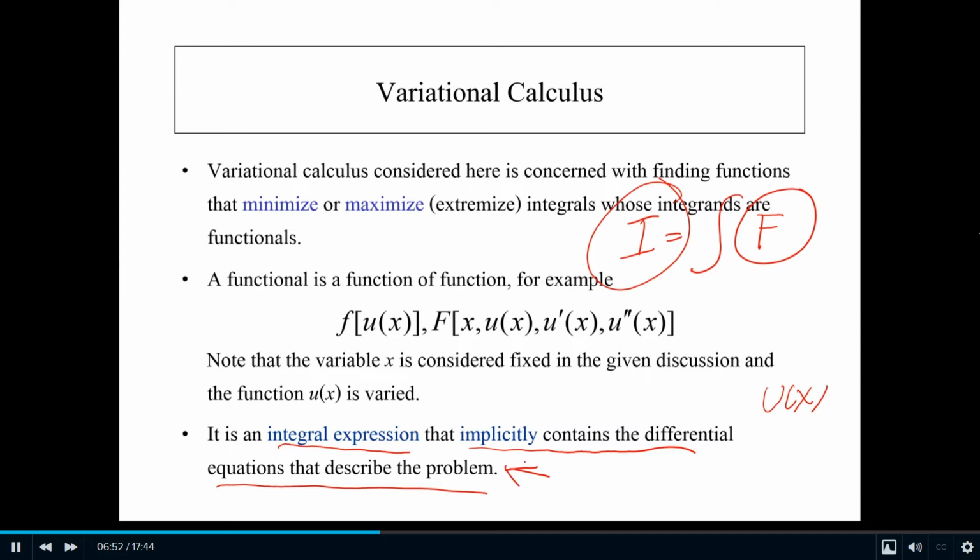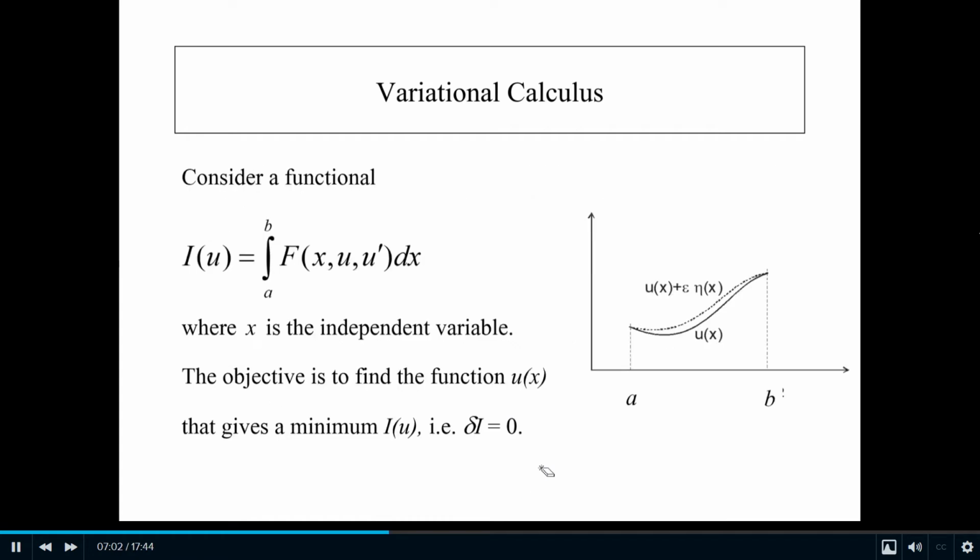So let's say this is x here, and this is a function u, and u is a function of x, defined between a and b.